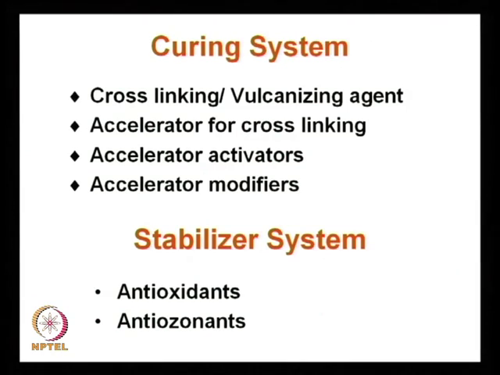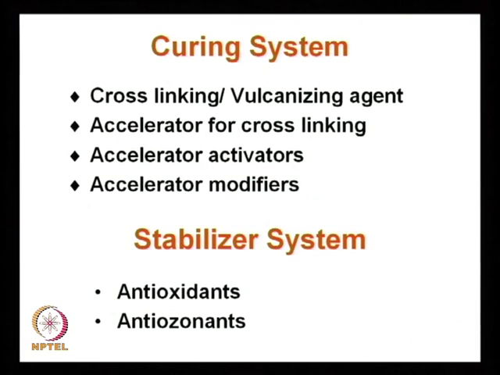Accelerators for cross linking are used in the rubber product for decreasing the vulcanization time. For example, in a normal vulcanization by sulfur only without using any accelerator, it takes more than 8 hours, which is not economically viable or industrially feasible.